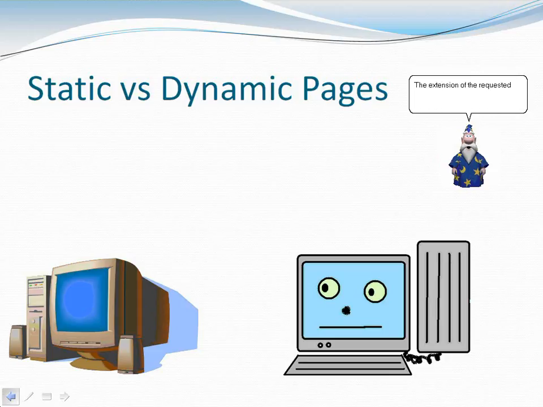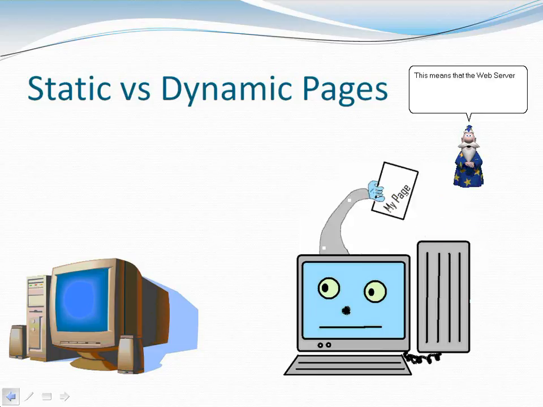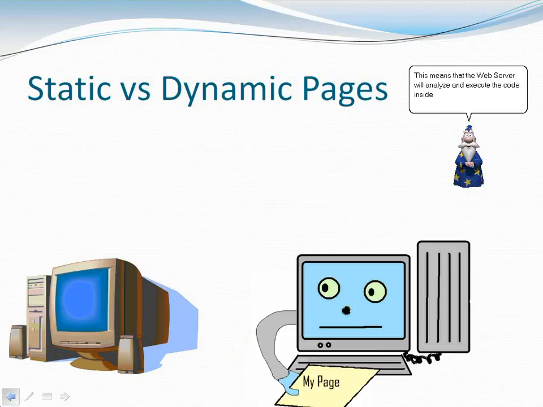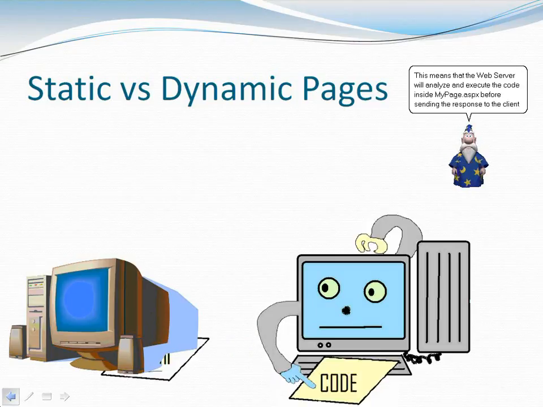The extension of the requested file indicates whether it is a static or dynamic web page. In this example, we used HTML to indicate a static HTML page, but now I will use a dynamic page named ASPX. The extension ASPX indicates it is a dynamic page. This means that the web server will analyze and execute the code inside ASPX before sending the response to the client.